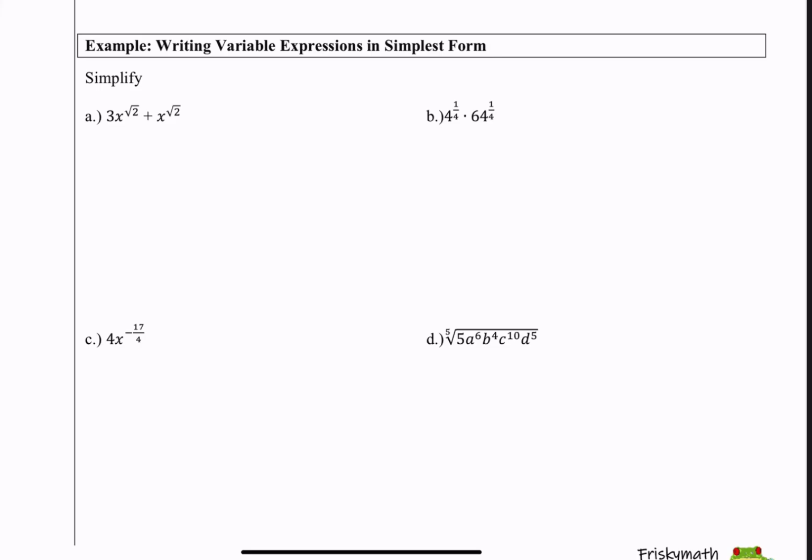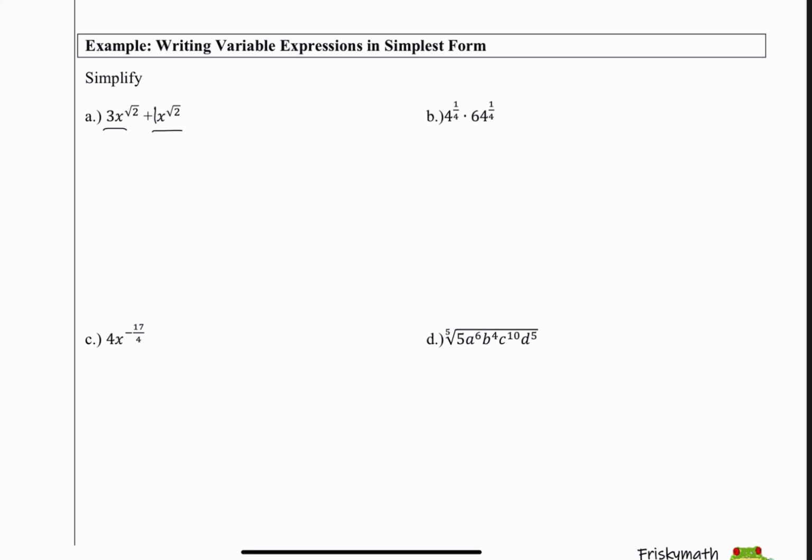Starting with A. This one is tricky. You have to be able to recognize that you have like terms here. You have two terms. Each of them has the exact same variable raised to the exact same power. And you have coefficients, 3, and in the second term, 1.